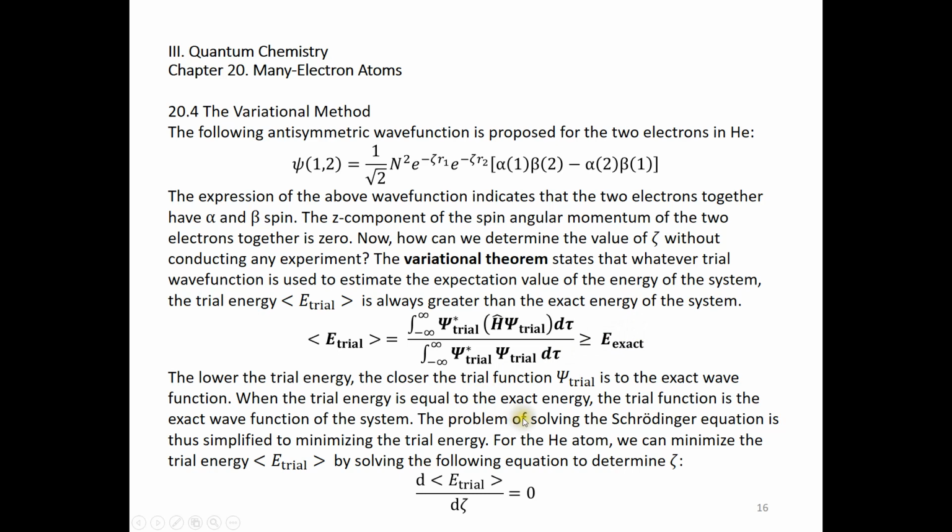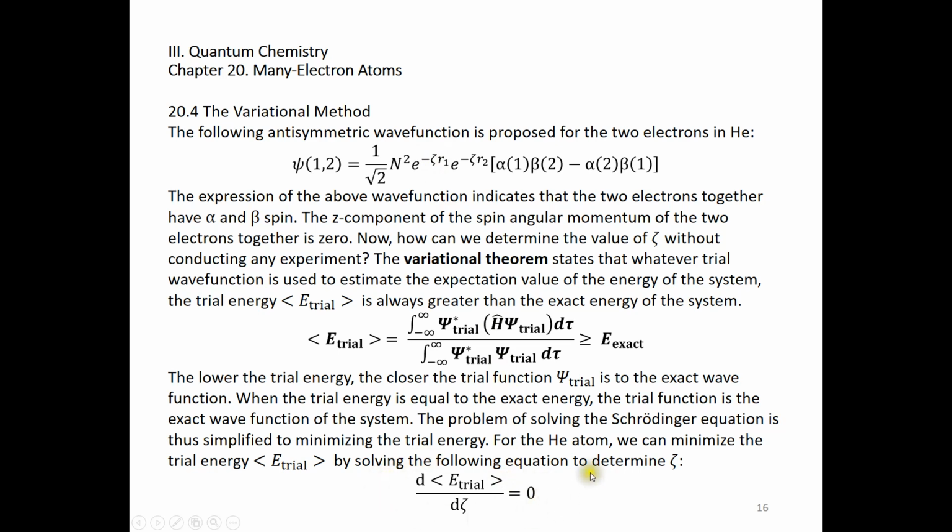Now the problem of solving the Schrodinger equation for this multi-electron system becomes minimizing the trial energy in terms of the trial function. For the helium atom, we can minimize the trial energy by solving this equation. The first derivative of the trial energy for the helium atom with respect to zeta, which is a parameter, should be 0.